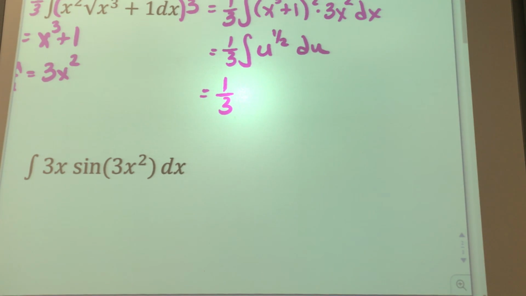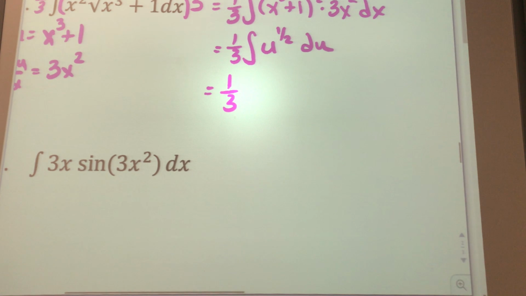So we're going to add 1 to 1/2, and we are going to get 3/2. But don't forget that when you use this power rule, you're dividing by that new power. So when we divide by 3/2, you multiply by the reciprocal of it. Right? It is also your new power. Not the reciprocal of it, that actual, what you got when you added the 1 is your new power.